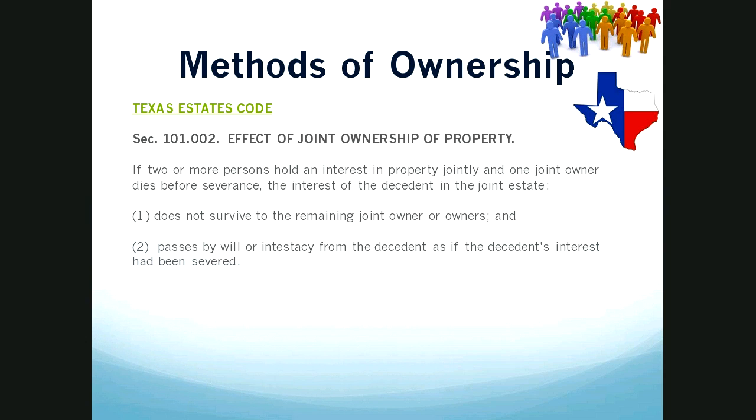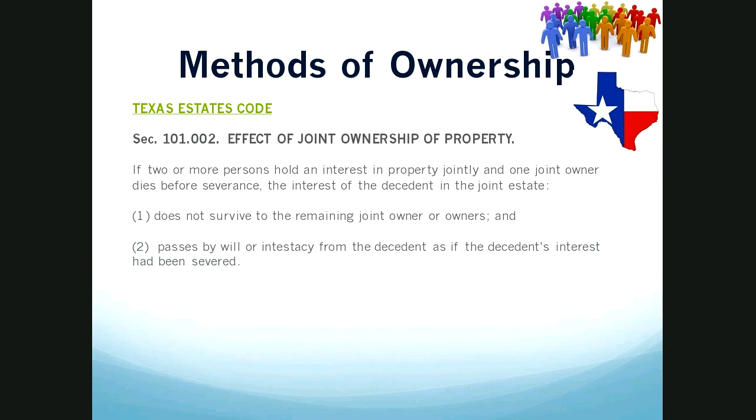So in the Texas Estates Code, it says if two or more persons hold an interest in property jointly and one joint owner dies, the interest of the decedent in the joint estate does not survive to the remaining joint owner and passes by will or intestacy from the decedent as if the decedent's interest had been severed.